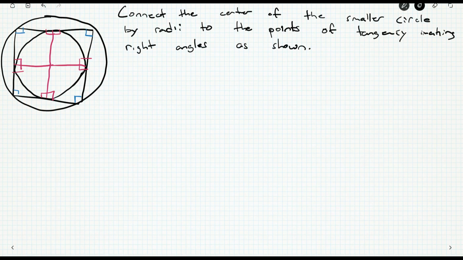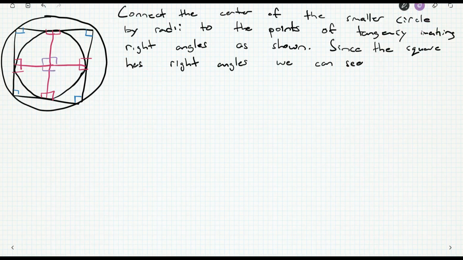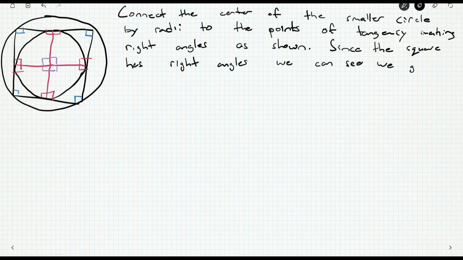Okay. Since the square has right angles, we can see, oops, wrong color again, we get right angles here. So each of these lengths is the same.